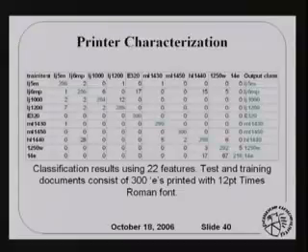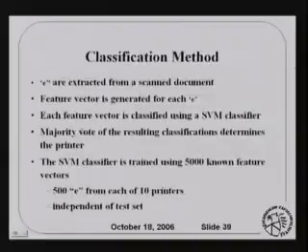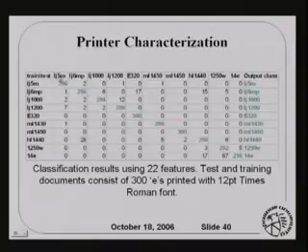Printer characterization. This matrix here shows what kind of accuracy we are getting. We used 22 features, and we printed 300 E's from each of these printers. Say the value in this corner, 296, represents the number of E's which come from the first printer and are classified as coming from the first printer, and the two next to it are the E's which came from the first printer but were classified as coming from the second printer.